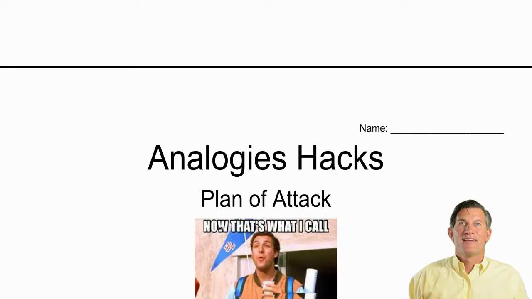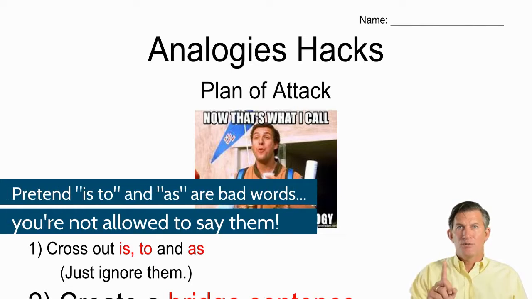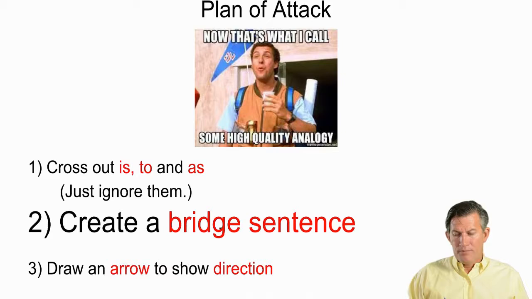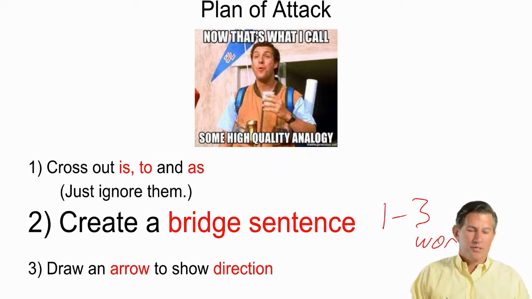Are you ready to fill this out? What are you going to cross out? Is, to, and as. What are you never going to say? Is, to, and as. I would never say is, to, and as. Then you're going to create a bridge sentence. How long should this bridge sentence be? 1 to 3 words. If you need to use a fourth word, don't stress, just do it.